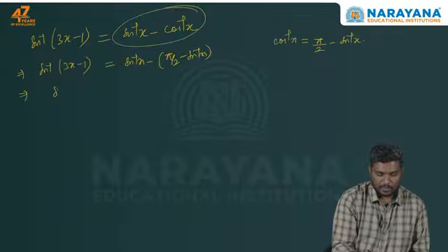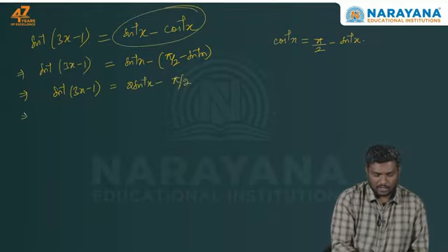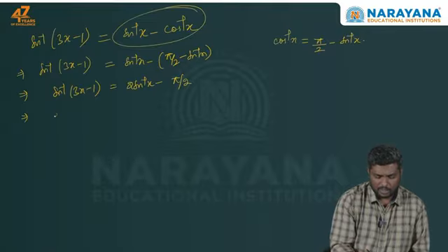So this is going to be sin inverse(3x minus 1) equals 2 sin inverse x minus pi by 2. So I can just take out the minus here. Sin inverse(1 minus 3x) can be written as pi by 2 minus 2 sin inverse x.